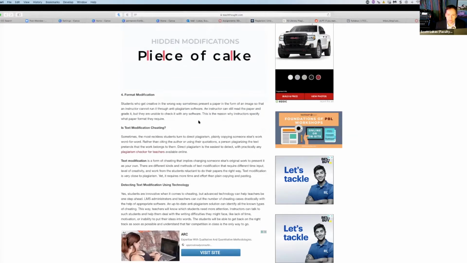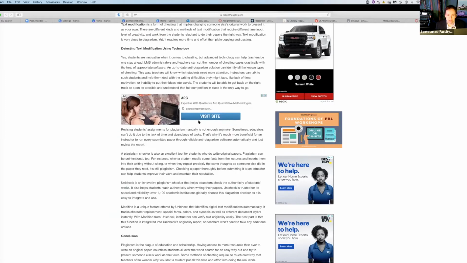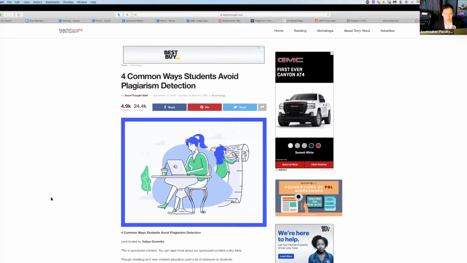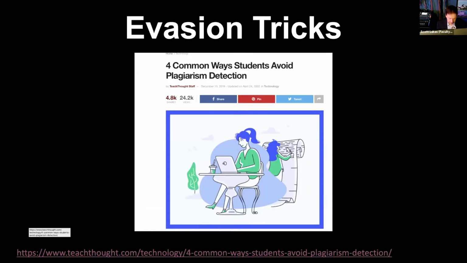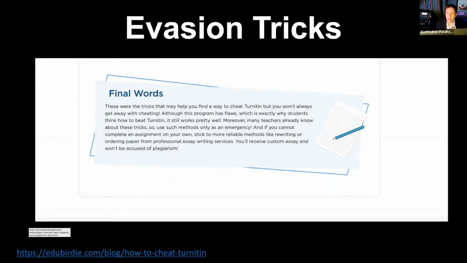And then there's also format modification. So different approaches that can be taken. So I think it's important to be aware of these, and hopefully, again, we can use that first step, which is our intuition, the light bulb that goes off, because some of these could be very hard to detect. And let's cross our fingers that Turnitin will cover all this, but if not, then it becomes really a concern.